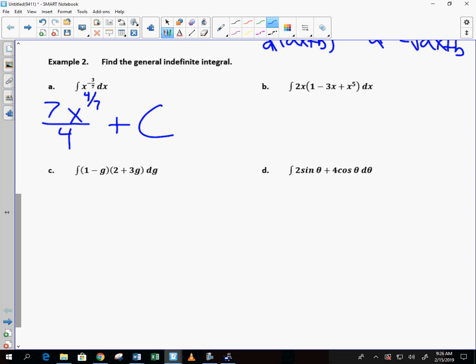I'm sorry, but if you don't write plus c on the test, I will mark a half a point off every time. Because it's an indefinite integral.